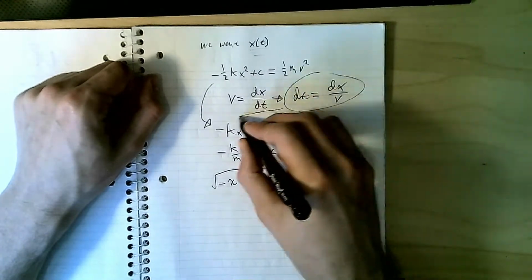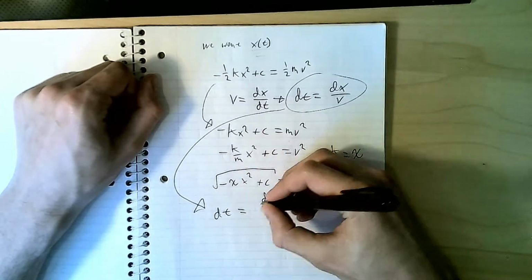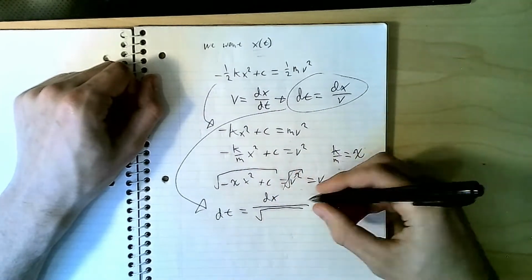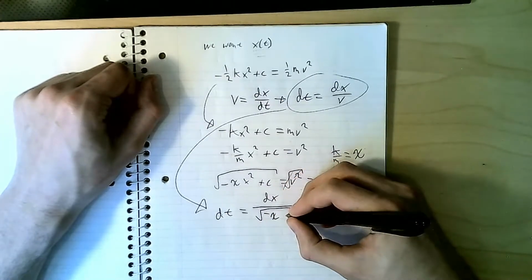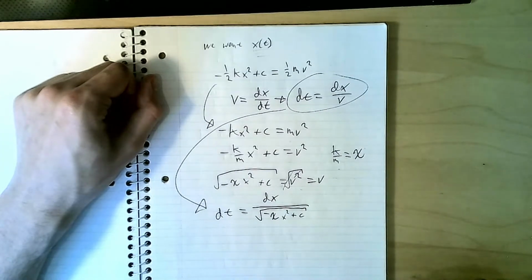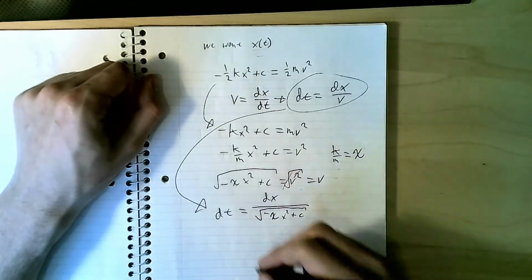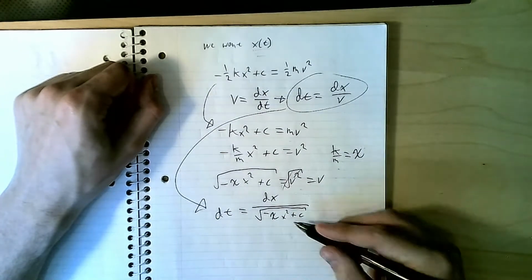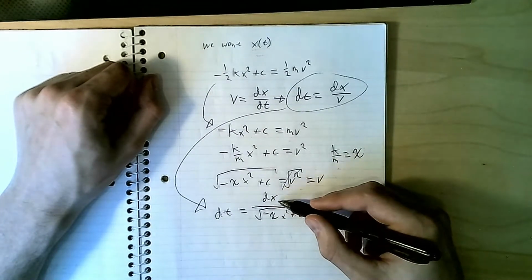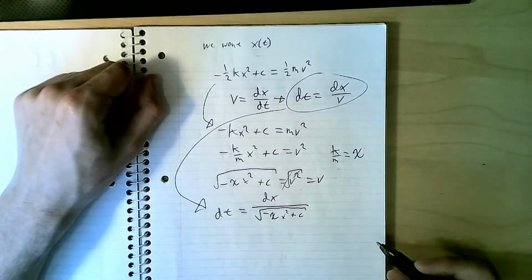So now we're going to use this, and dt equals dx over v. Right? So we're going to want to integrate this because we have a function of x integrated with respect to x and a function of t with respect to t.